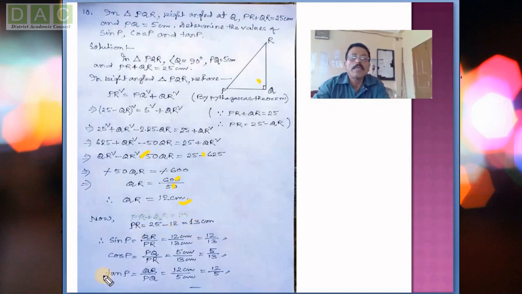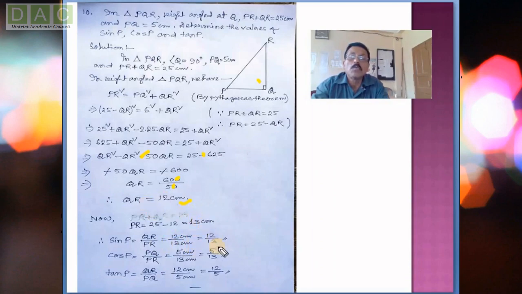Now find out sin P, cos P and tan P. Sin P equal to, you know sin means the side opposite to angle P by the hypotenuse. So QR by PR. So write the values: QR is 12 centimeters, PR is 13 centimeters.